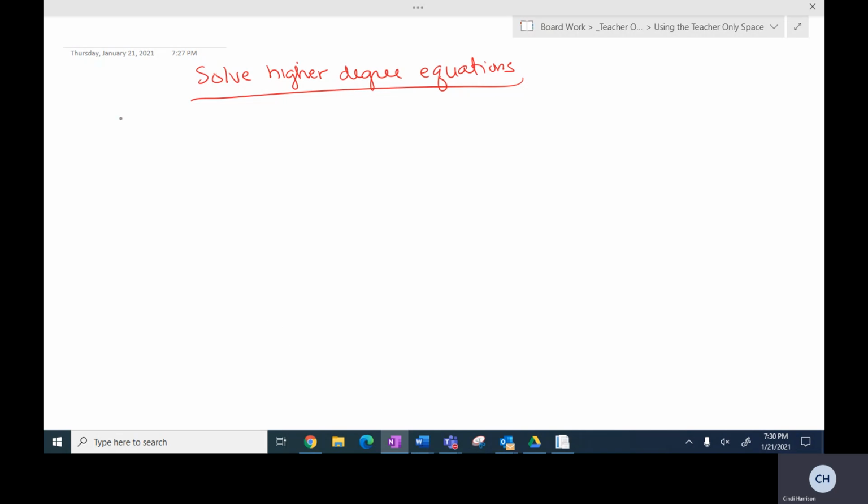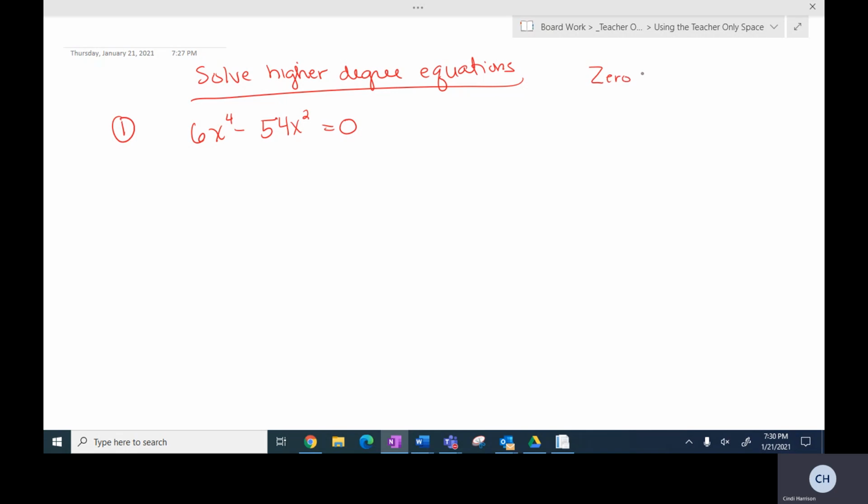So examples that I was asked to do in particular, this is the first one. And the method that we're going to use for these for the most part is the zero product property.